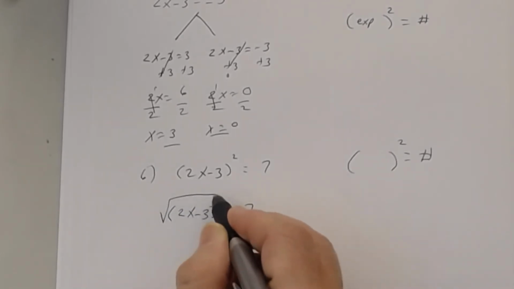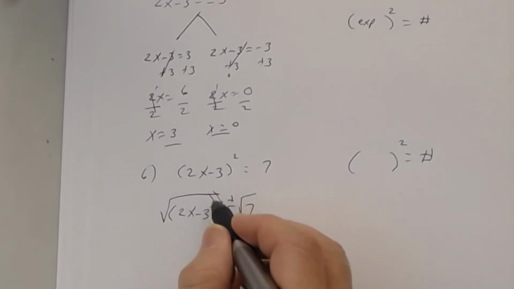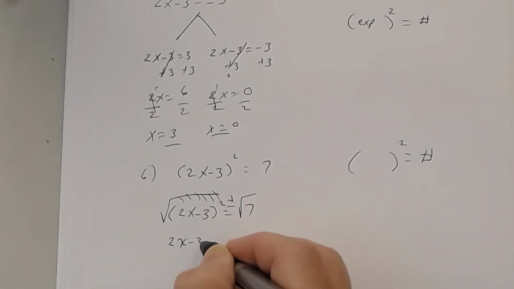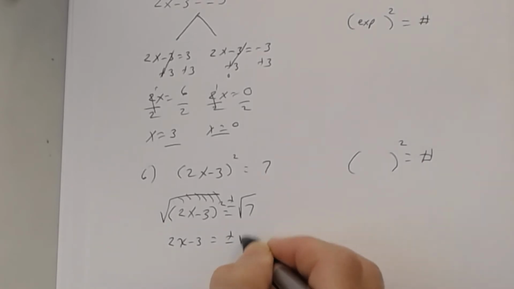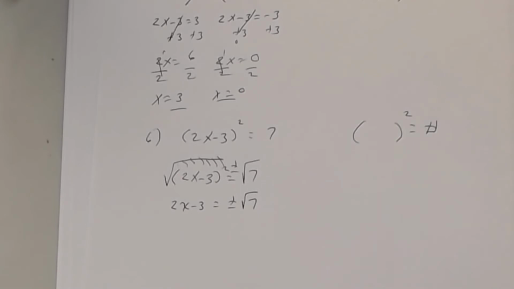So when I take the square root of both sides, don't forget the plus and minus. The square and the square root undo each other. So I get 2x minus 3 equals plus or minus the square root of 7. So that's where I'm at. Okay? All right. Now, remember, we've got to solve for x. So think about what we did a while ago.